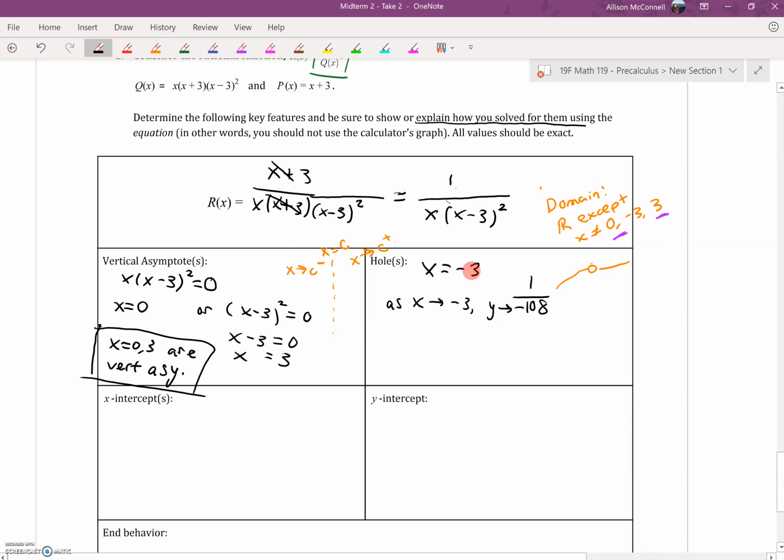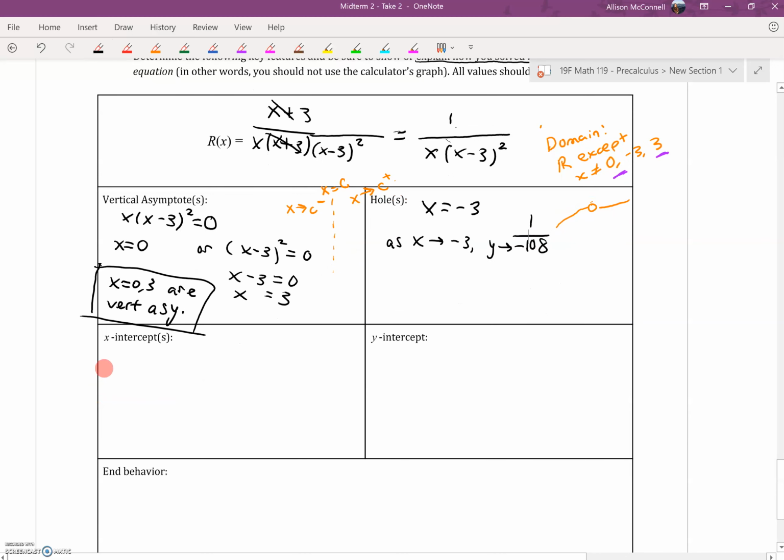Basically, if you picked some values really close, like what we were doing over here, in your original function, you would get this output. It would be approaching that particular output from both sides. Whereas if you were doing that same idea here, you would see that the values were taking off to positive or negative infinity. Now, of course, you would actually want to show that work.